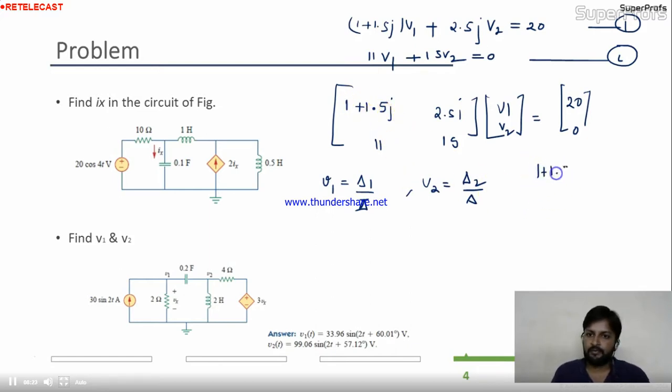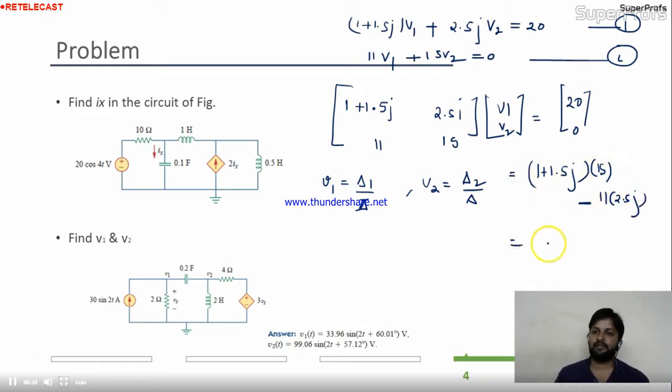Determinant: (1 plus 1.5j) multiplied with 15 minus 11 times 2.5j. So this will be 15 plus 15 into 1.5j, 22.5j, minus, what about this 11 and this?